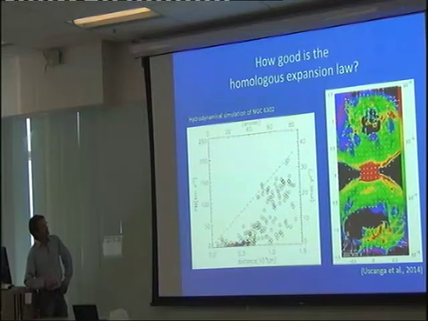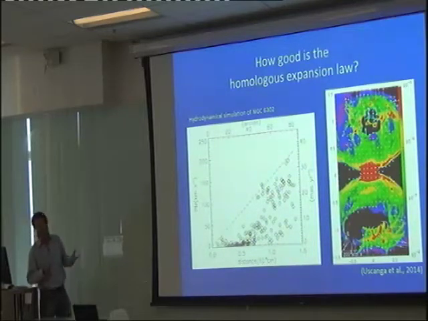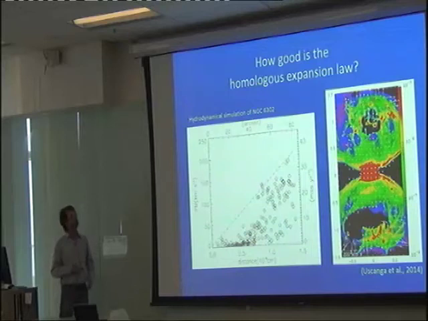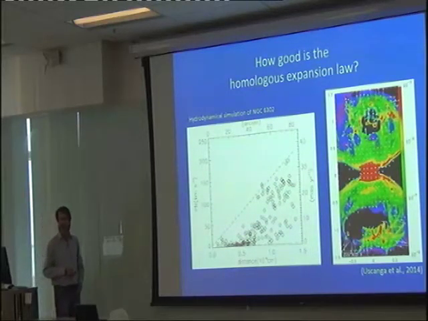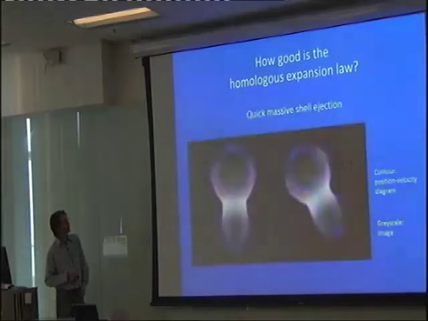And if you look at the vector directions, they are all over the place. There's no real systematics here. And it's because the process of measuring proper motions in very filamentary structures is very difficult. It's very messy, and hopefully that becomes better in the future.